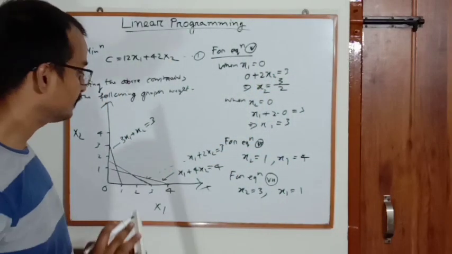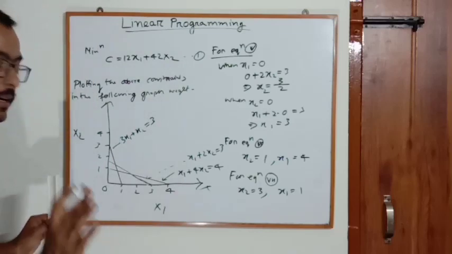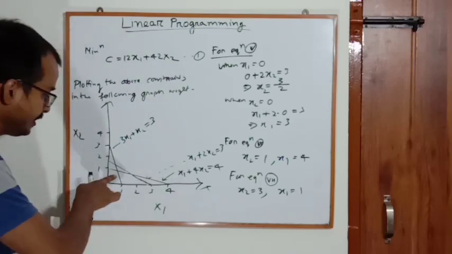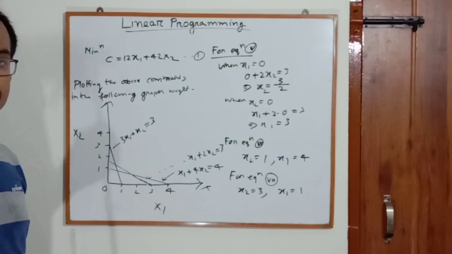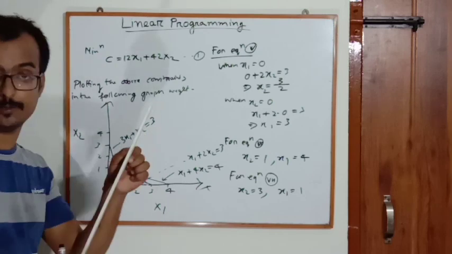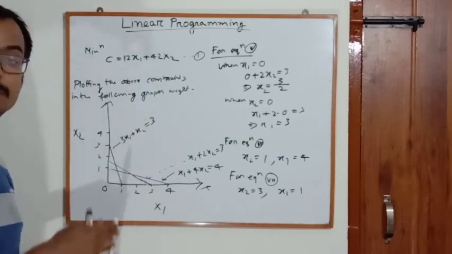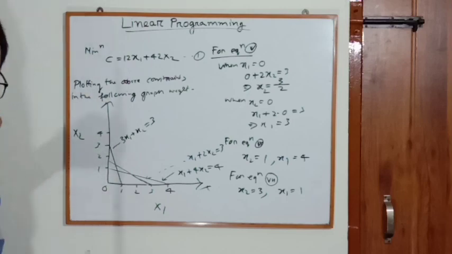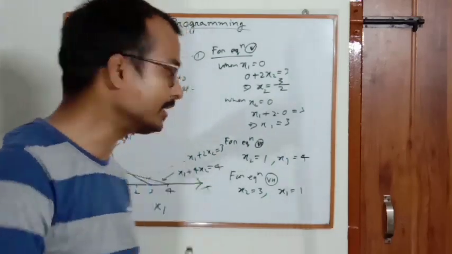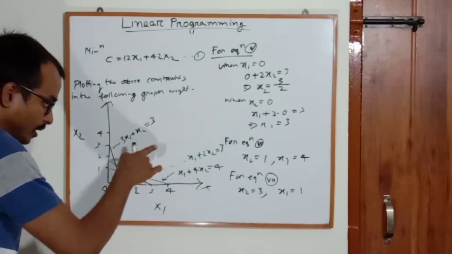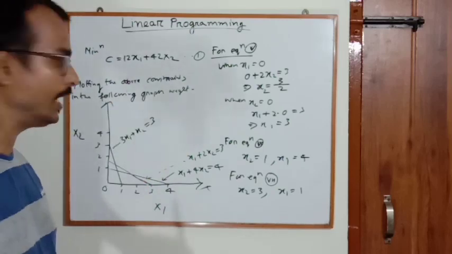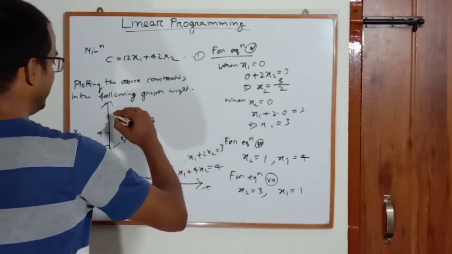Now, the basic difference is, in that example, this was your feasible area because you wanted to go up, maximization. But here the problem is minimization. You want to find the values which minimize, so from here you want to come down. So your whole feasible area is this.